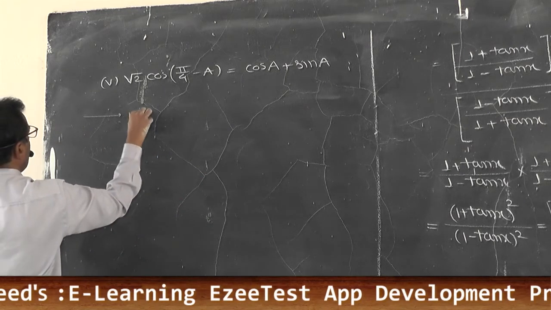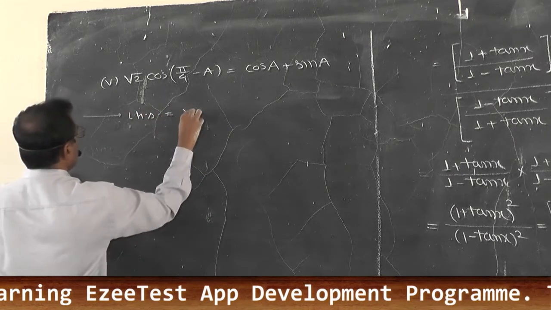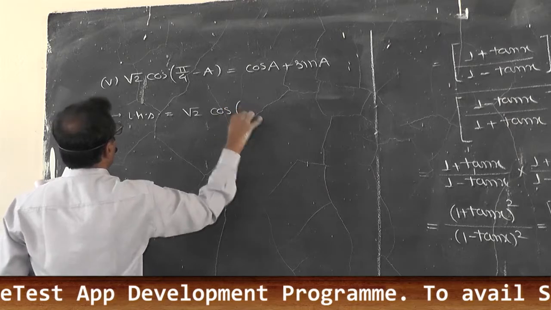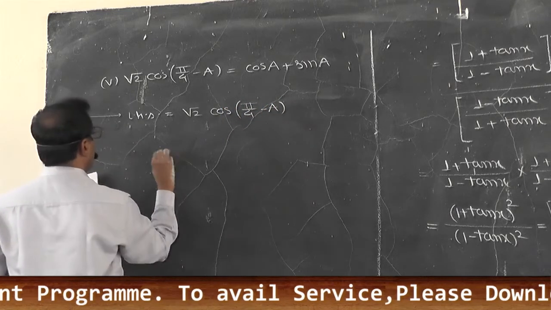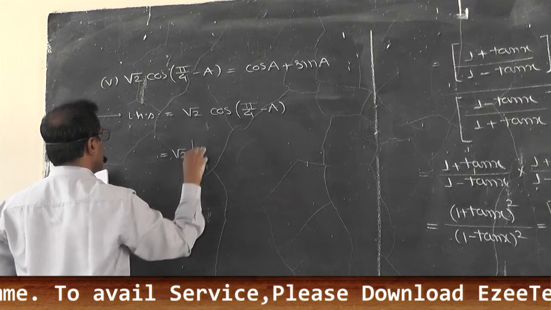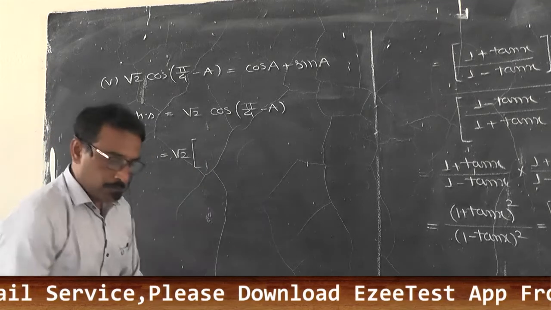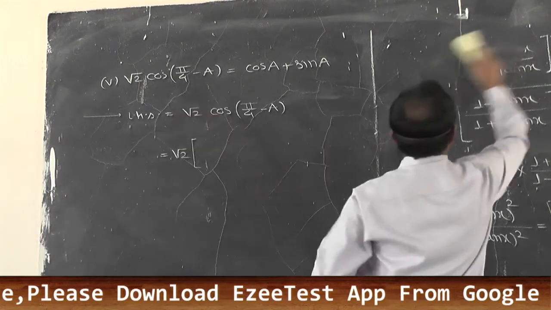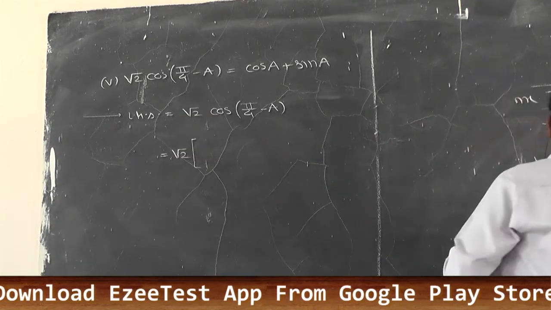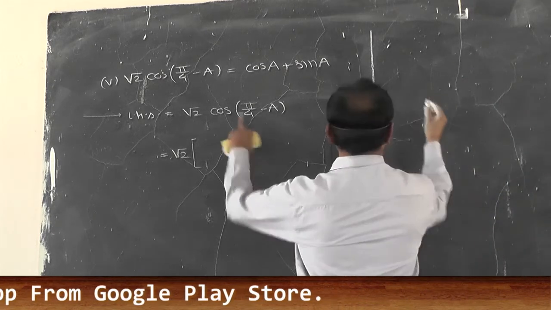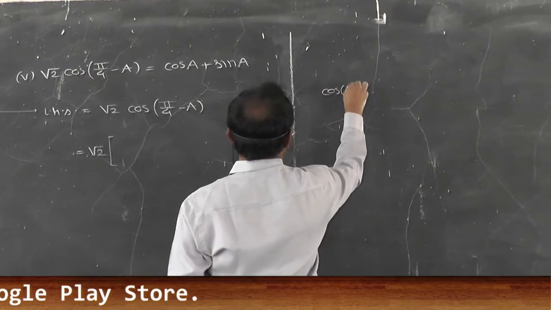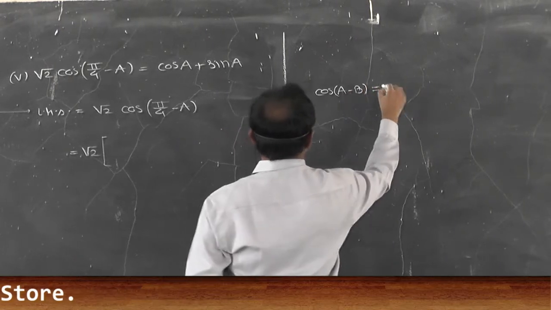Now write here LHS. LHS means root 2 into cos of (pi by 4 minus A). Root 2 is written as it is. Now you know the formula for cos of A minus B. What is the formula for cos of A minus B?